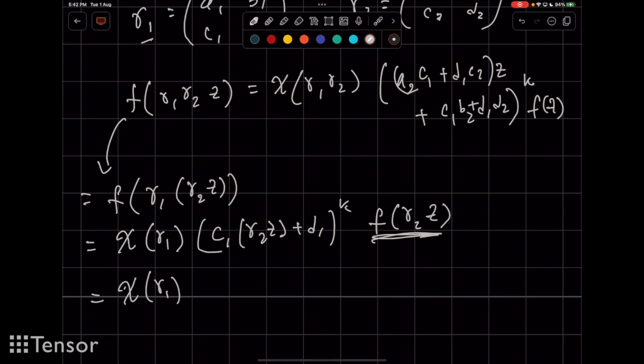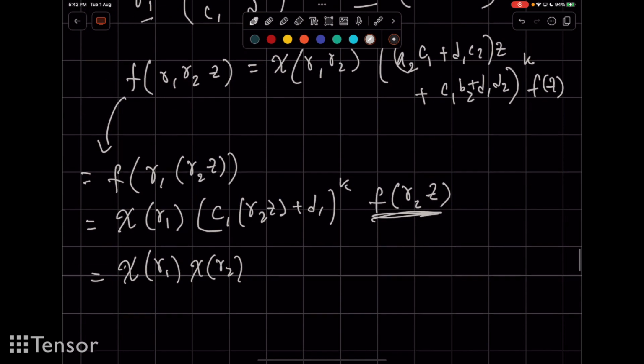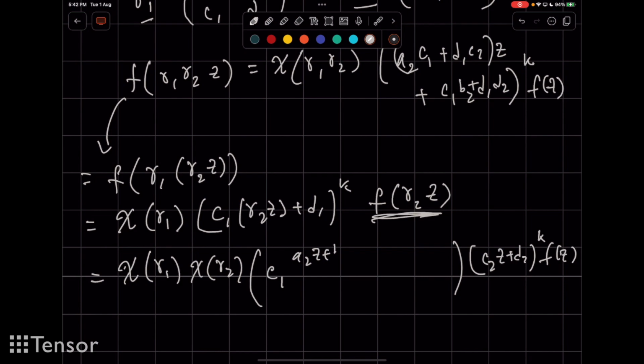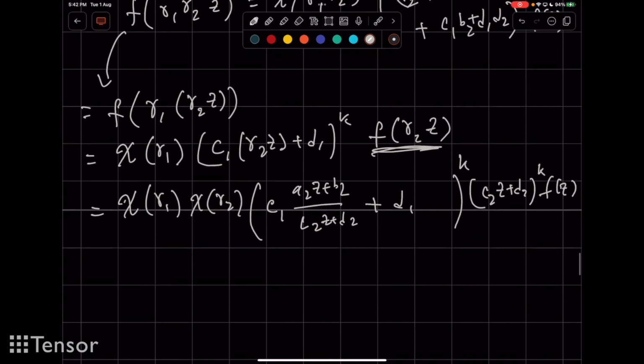So chi of gamma 1, chi of gamma 2, and for this term we have (C2z plus D2) to the power k f of z, and for this term we have (C1 times (A2z plus B2) over (C2z plus D2) plus D1) to the power k, right? Chi of gamma 1, chi of gamma 2.